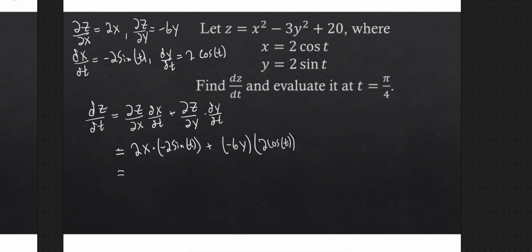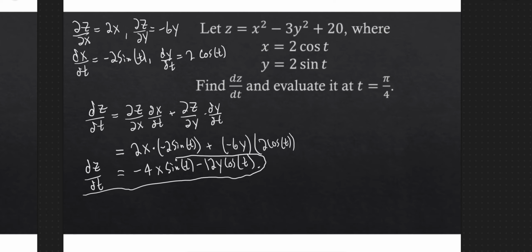And let's just simplify this a little bit. So I'll have minus 4x sine t minus 12y cosine of t. And there we have it. That is my derivative of z with respect to time.